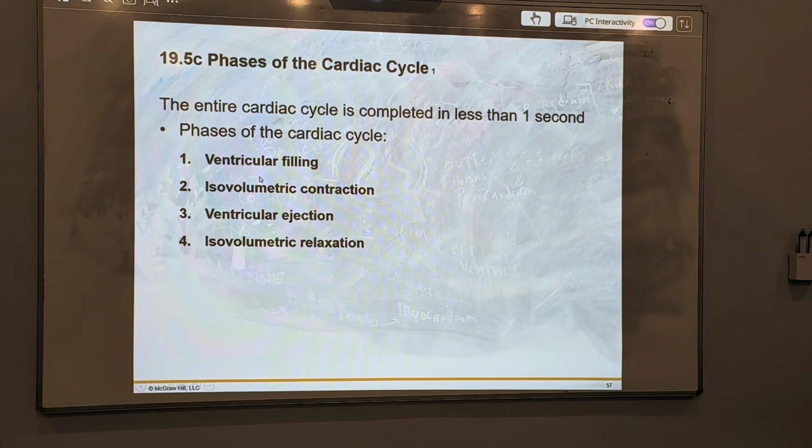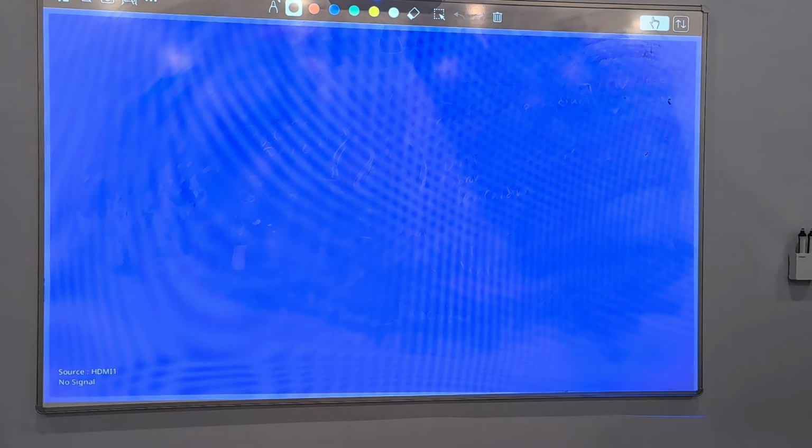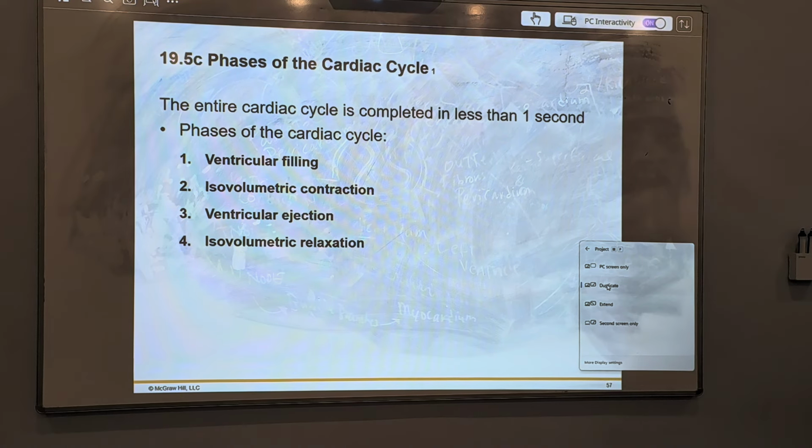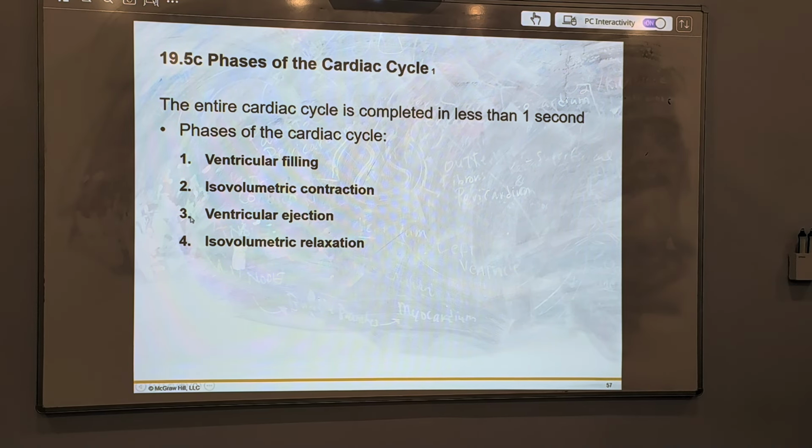So here you have the ventricular filling, known as the isovolumic or isovolumetric filling. So, how does the heart cycle take place? You have 4 phases.